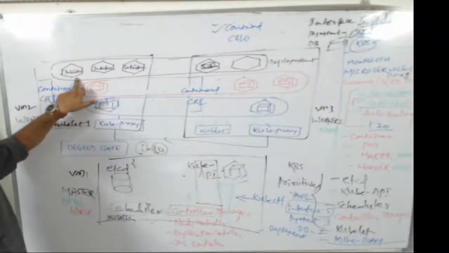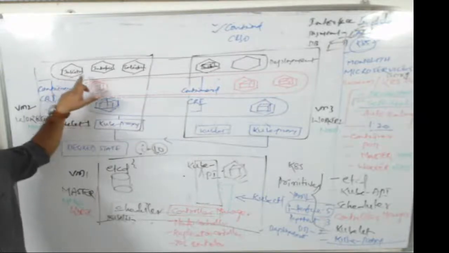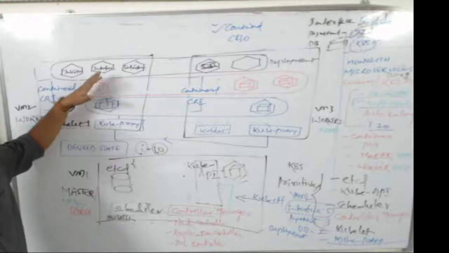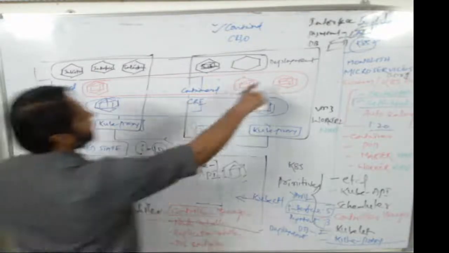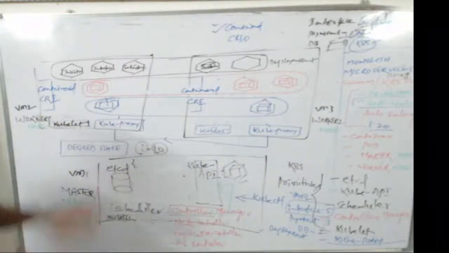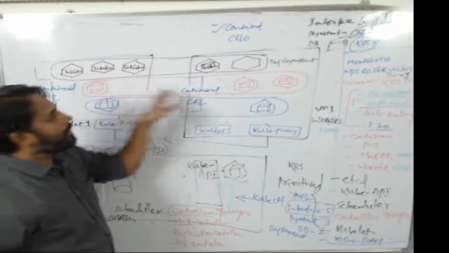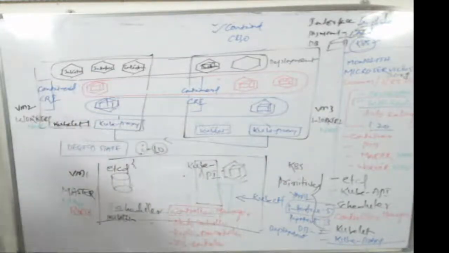You can't see the pods. The same way you can't see the deployments also. They are not processes. They don't consume RAM and CPU. So you have a deployment here. You can have as many deployments as you want. Usually, each microservice goes through one deployment.